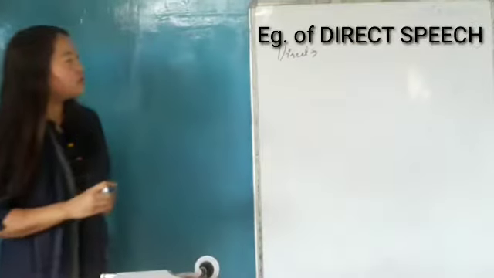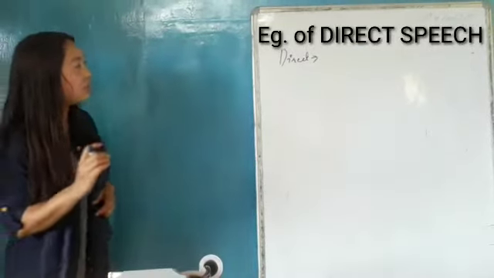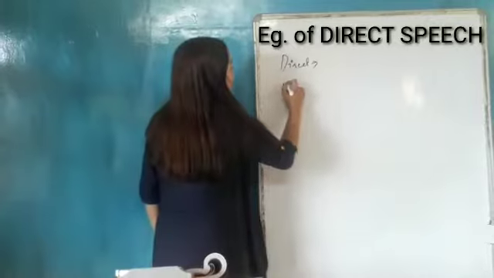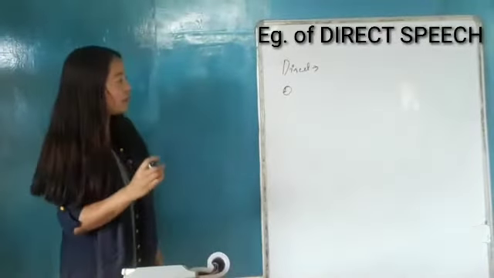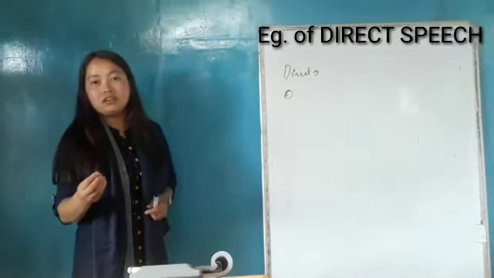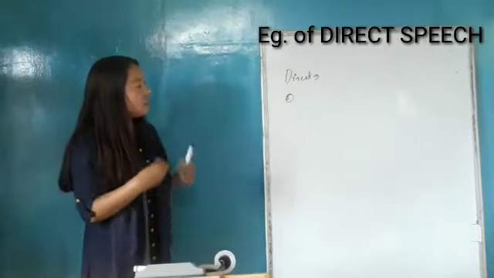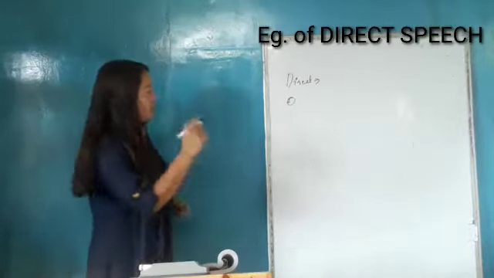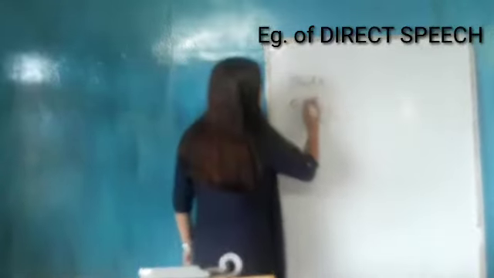I will tell you some examples of direct speech. Suppose your teacher or your friend is telling you something or asking you to convey a message. In that case it might be written as it is.